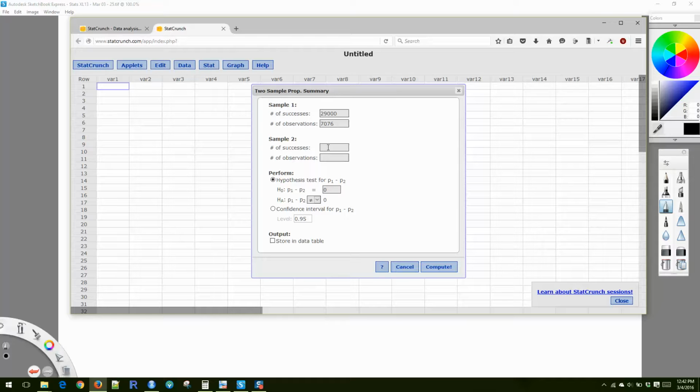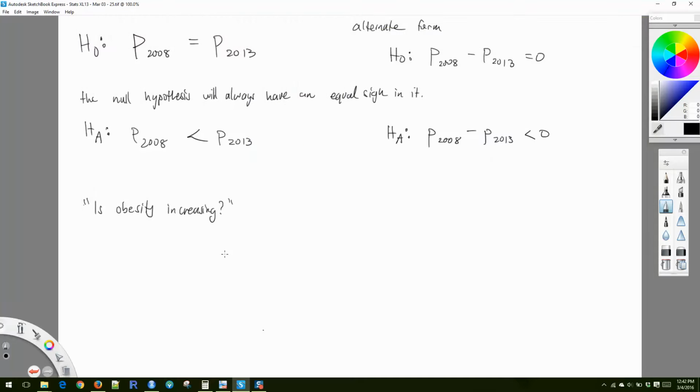And then, did everyone get that? 29,000 times, so basically you need a number of successes, and a number of observations, which would be 29,000. The number of successes, it's a funny word to use for obese people, but our proportion is 24.4% of 29,000.